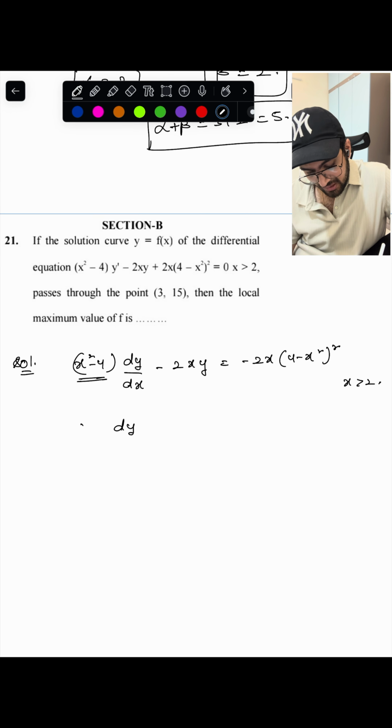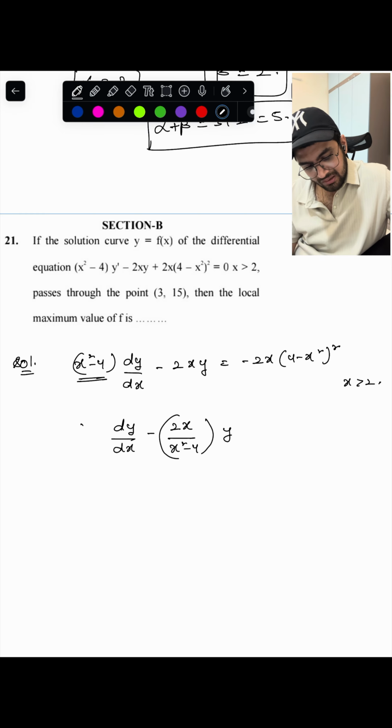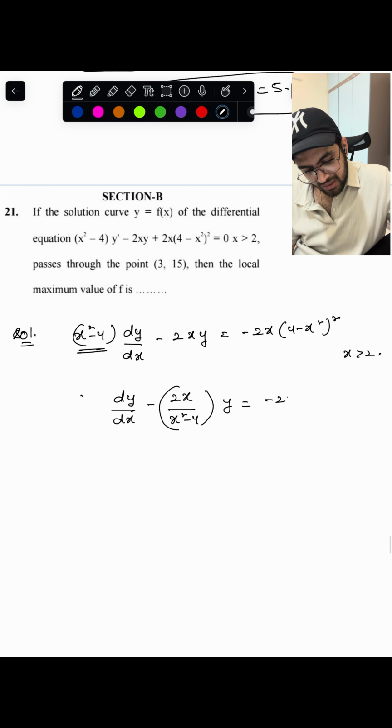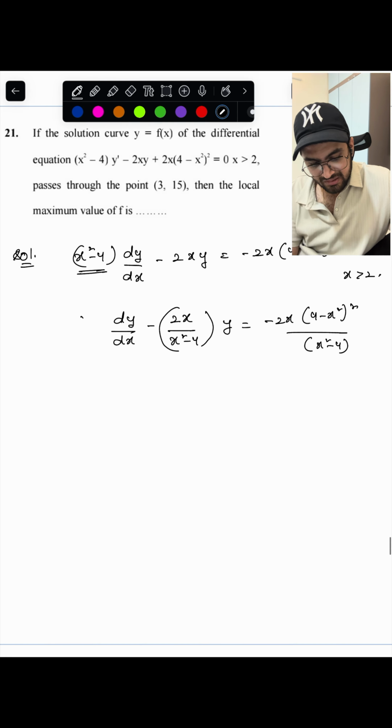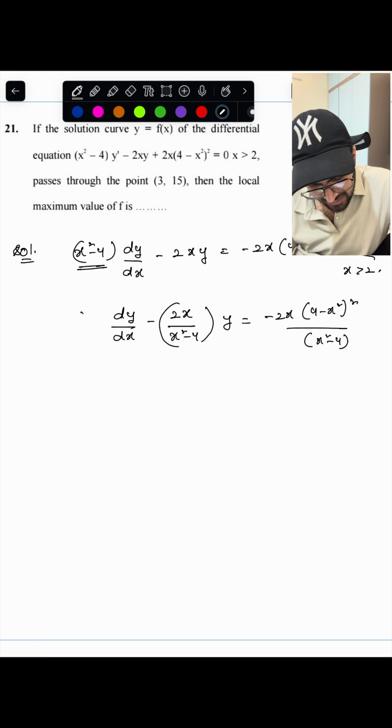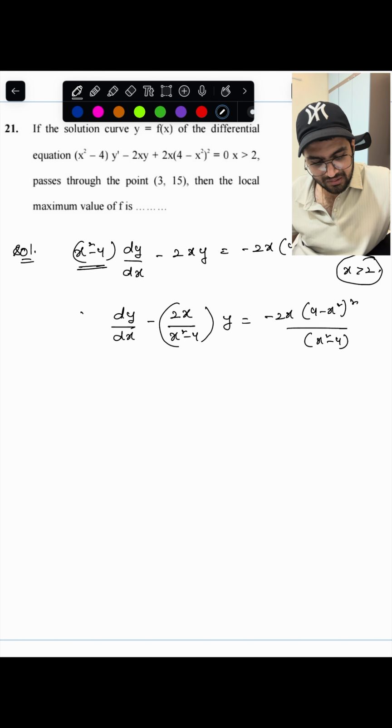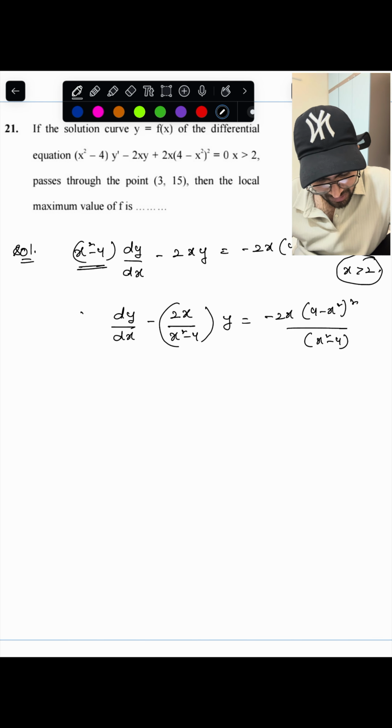So dy/dx minus 2x/(x² − 4) into y minus 2x into (4 − x²)² by (x² − 4). Here is where the tricky part comes. As here x is greater than 2, we cannot directly cancel out the terms.